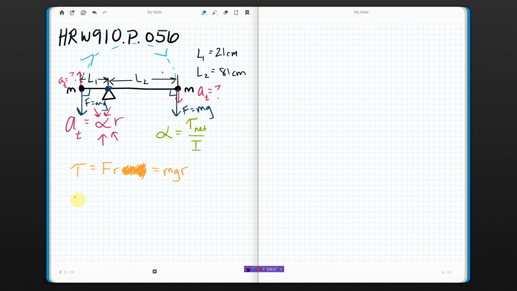So what I have is the net torque. Sorry, my writing gets really sloppy after a while. The net torque, we're going to go positive first: positive is mgl1. And then I'm going to subtract any negative torques, that's mgl2.